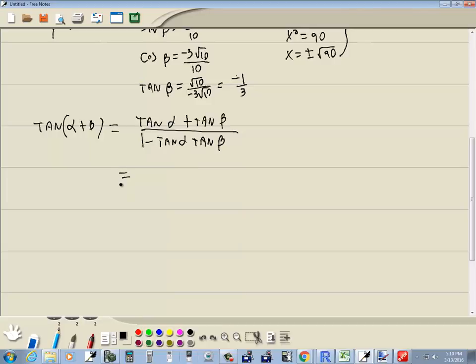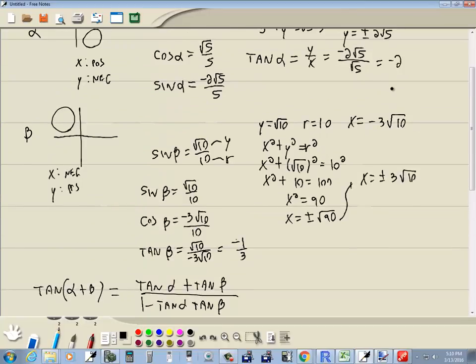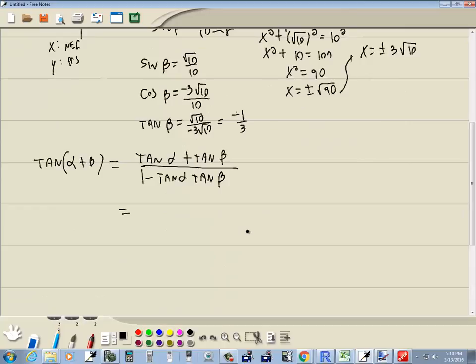Let's go up above and find the values. Tangent alpha was -2. So we'll have -2 plus tangent beta, which we said was -1/3, over 1 minus tangent alpha, which was -2, times tangent beta, which is -1/3.